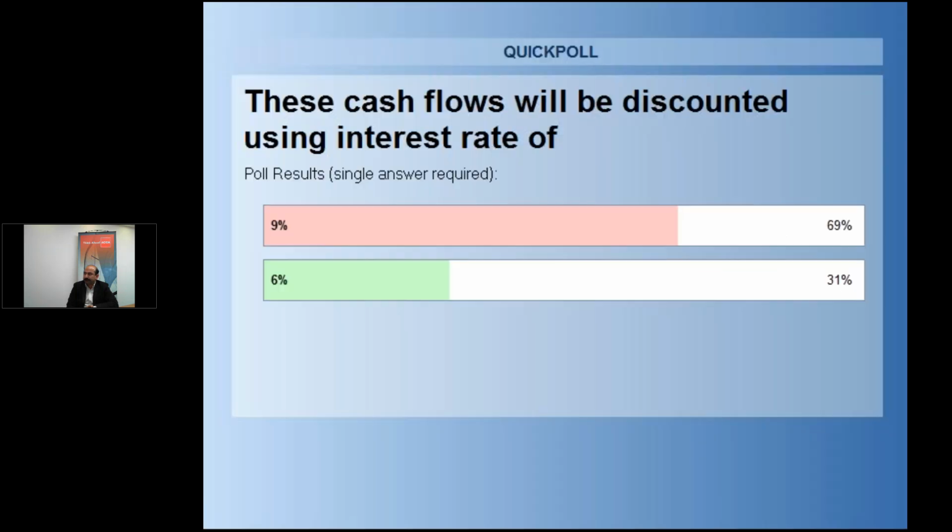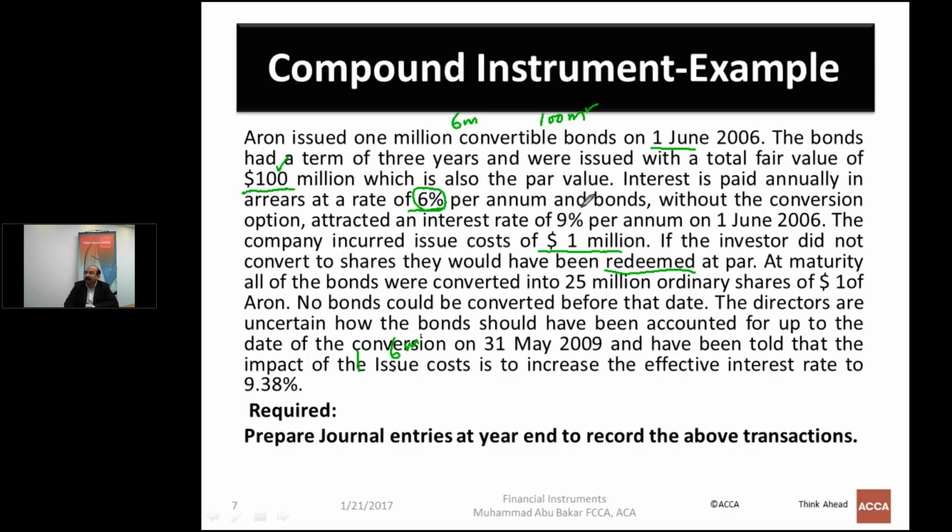And the results so far, 69% thought it was 9%, 31% thought it was 6%. 69% people are correct. Please, those who are the 31%, please note that these cash flows will be discounted at the effective interest rate, which is the market interest rate, which relates to a loan without any attraction for the conversion. So 9% will be used.